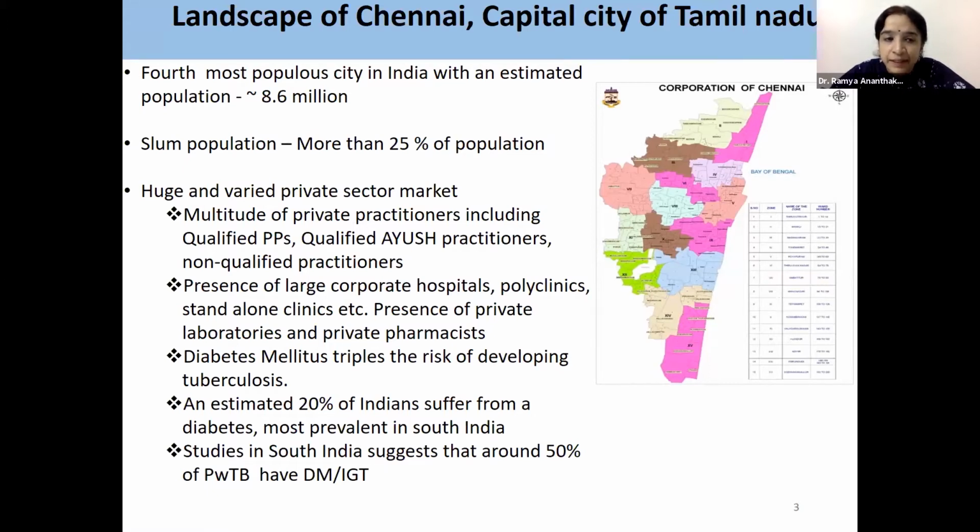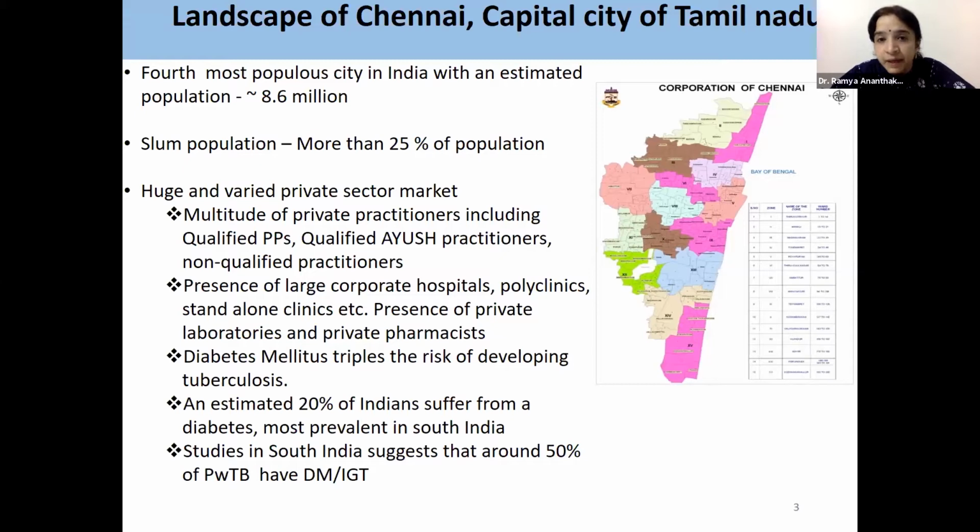And in the context of NCD and TB, since we initially started our work with TB and have very recently forayed into NCD, we all know that diabetes triples the risk of developing TB, and an estimated 20% of Indians suffer from diabetes, and diabetes is more prevalent in South India.